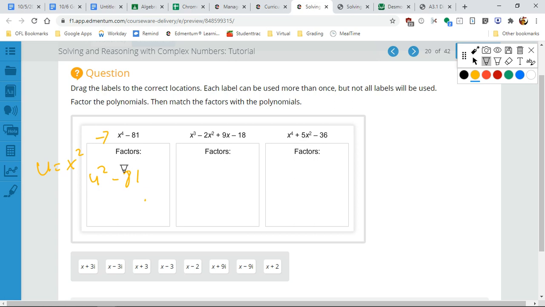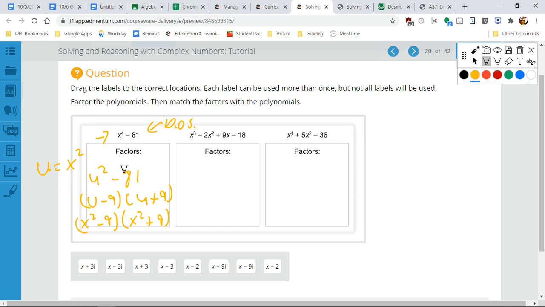Well, I see that this is a DOS. So when I do DOS, I'm like, oh, cool, this is u minus 9 times u plus 9. Okay, but then when I plug in my x again, I get x squared minus 9 times x squared plus 9.